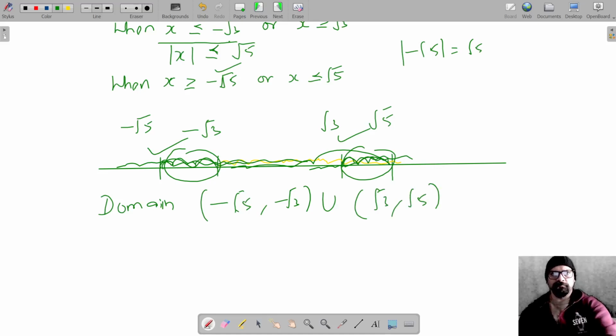We can also include the end values, so let these be closed intervals, negative root 5 to negative root 3 or root 3 to root 5. So this is the domain.